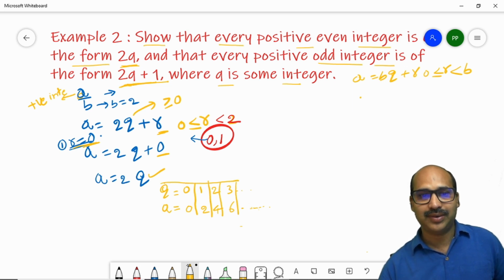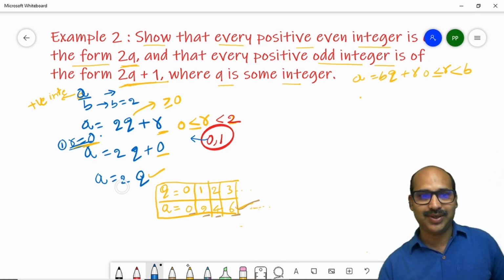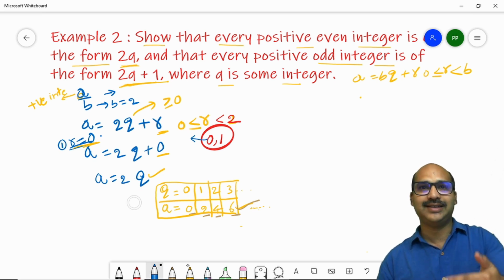Here we can form a table of q and a. Observe this a: 0, 2, 4, 6 and so on. That means a is equal to q into 2, whatever the number q is multiplied by 2. In other words, multiples of 2: 2, 4, 6, 8, 10 and so on.